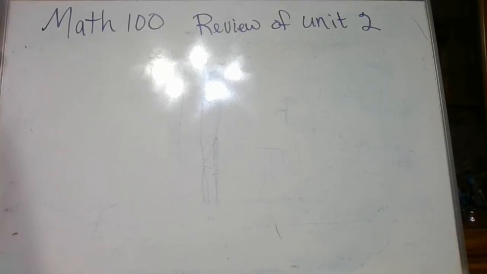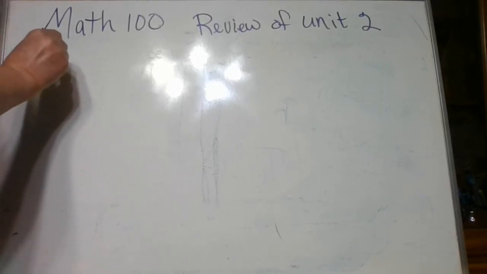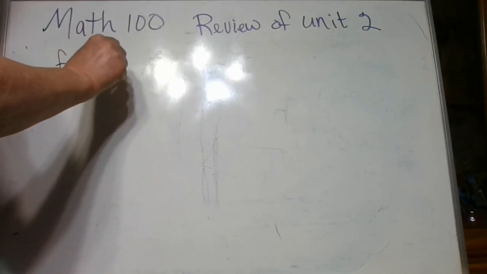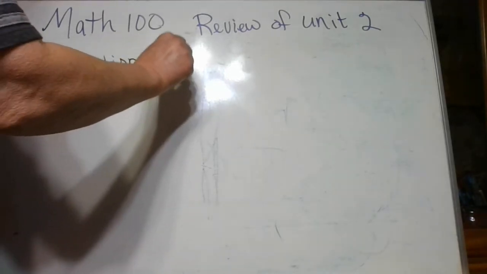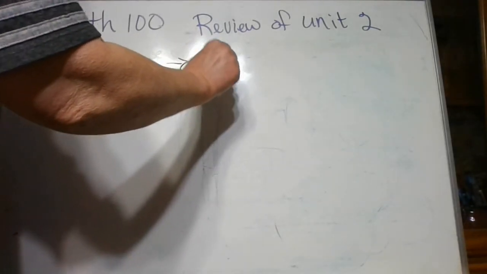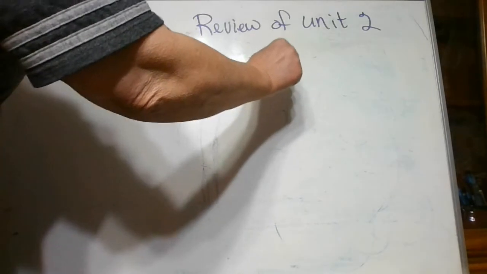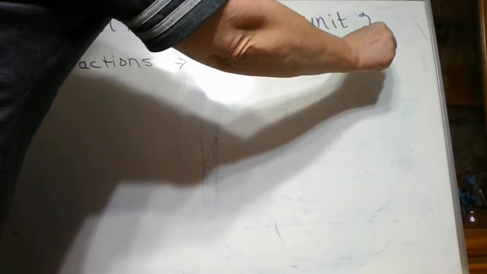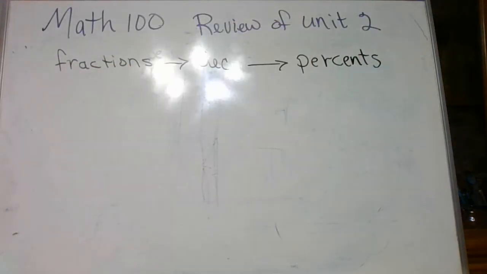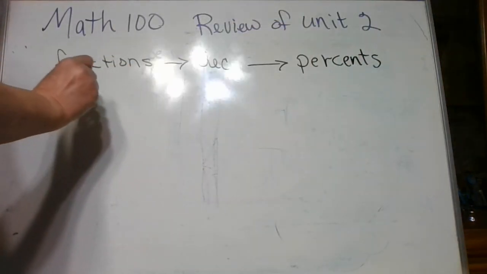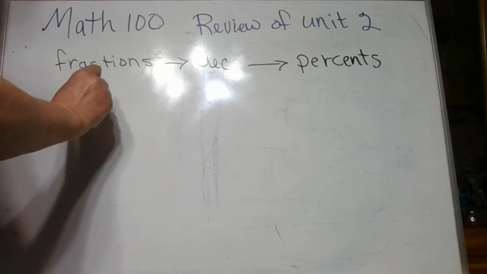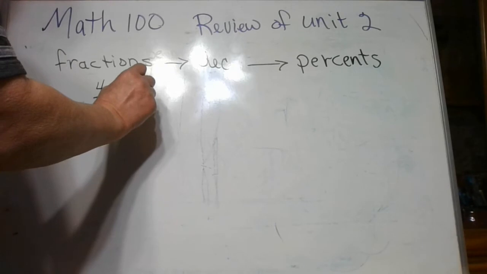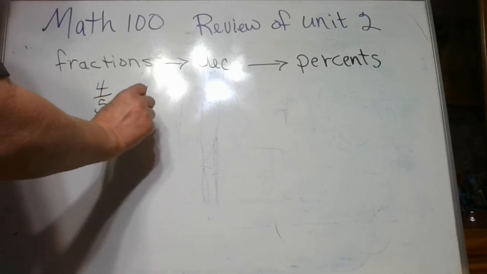First of all, we reviewed fractions and decimals and percents. To change a fraction, such as 4/5, to a decimal, you divide the numerator by the denominator.